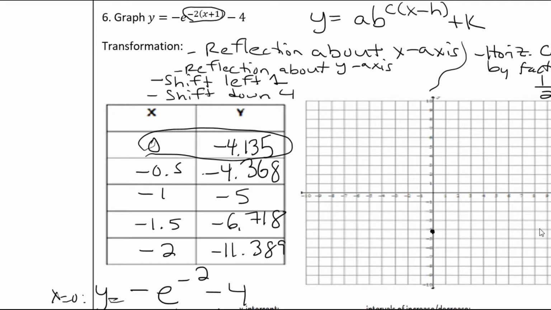Negative 0.5, negative 4.368, so a little bit below where we had before. And then negative 1, negative 5, negative 1.5, negative 6.718.